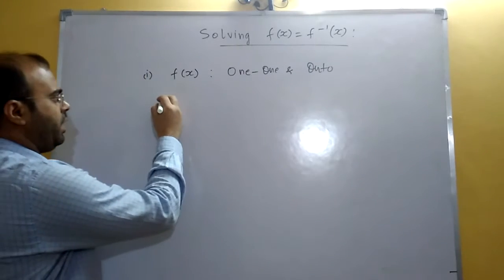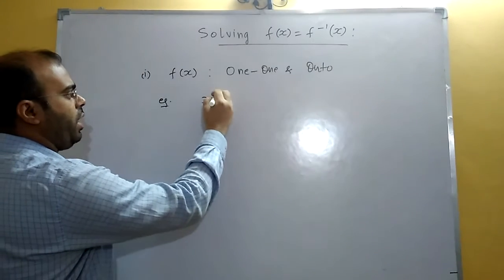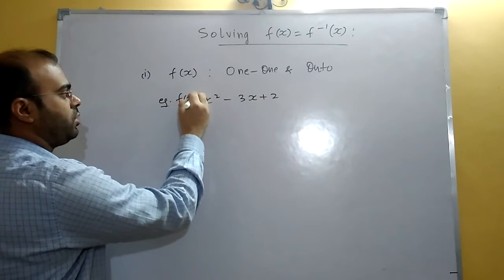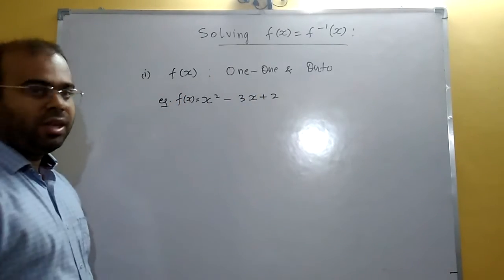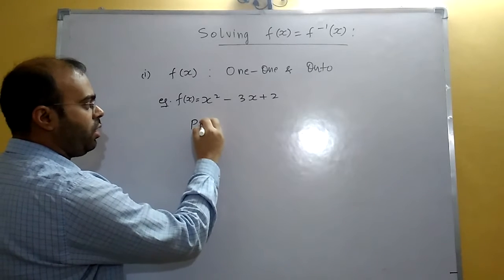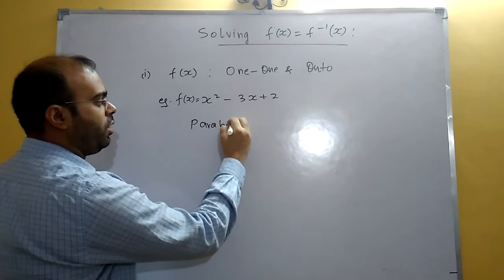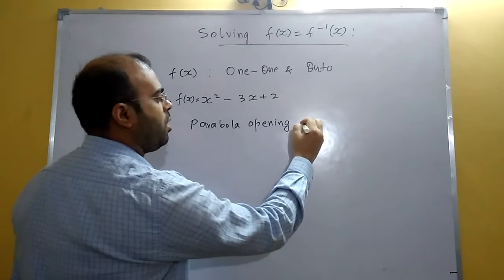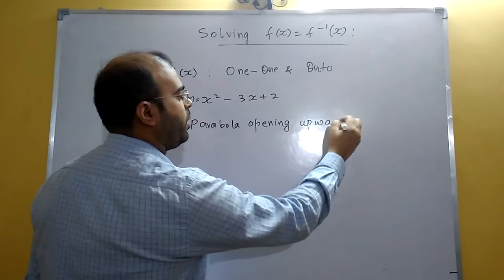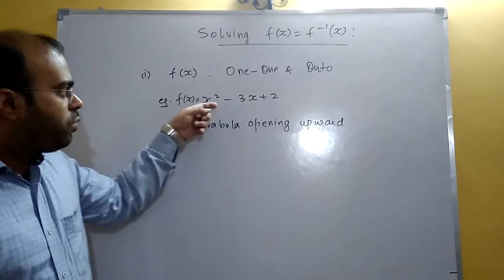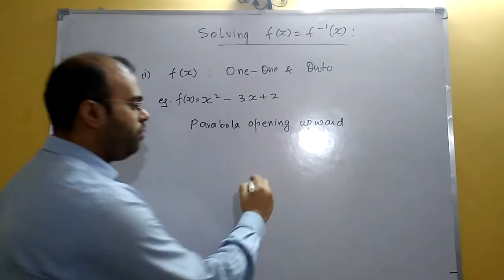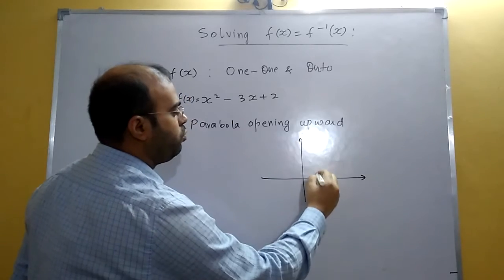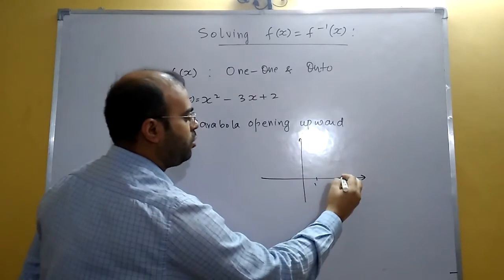Now let us take an example. x square minus 3x plus 2. This is a function f(x). What type of graph is this? This type of graph is a parabola which is opening upward. Basically, if we are drawing a parabola graph which follows this equation, then we all know that the graph has two roots, 1 and 2.